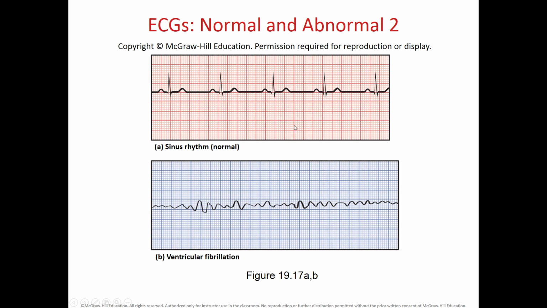So it's 60 beats per minute. And this is known as sinus rhythm, normal. Why sinus? Because you have the P wave preceding the QRS. And then in here you have what we call ventricular fibrillation, in which you have abnormal contraction of the heart.